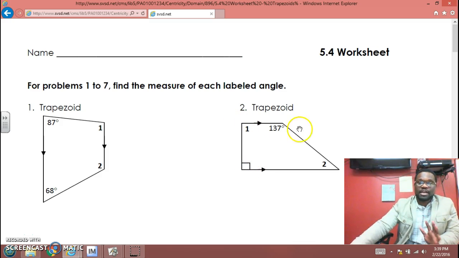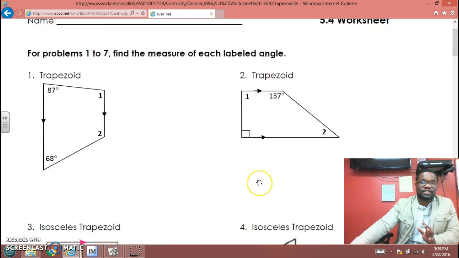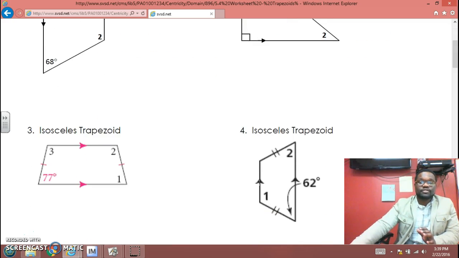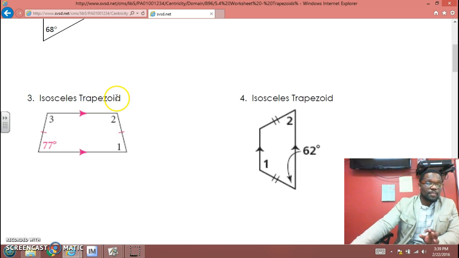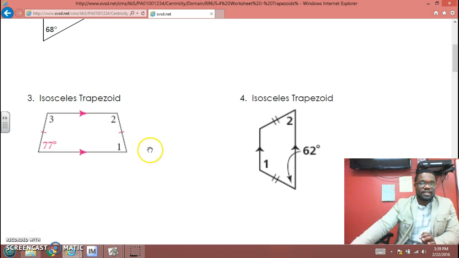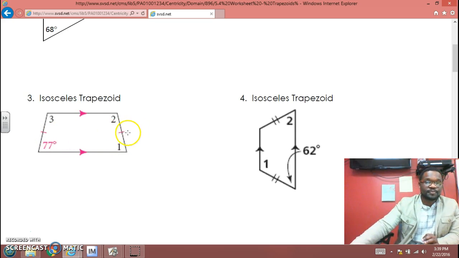And again, I'm using parallel lines, not necessarily trapezoid information to figure that out. Now, if you look at number 3 and 4, they tell me I have an isosceles trapezoid. Okay, so it's very important to know what an isosceles trapezoid is. When it comes to finding these angles out, we know that in an isosceles trapezoid, the legs over here are congruent, and so that means that the base angles, this is a base and this is a base, the base angles are the same.